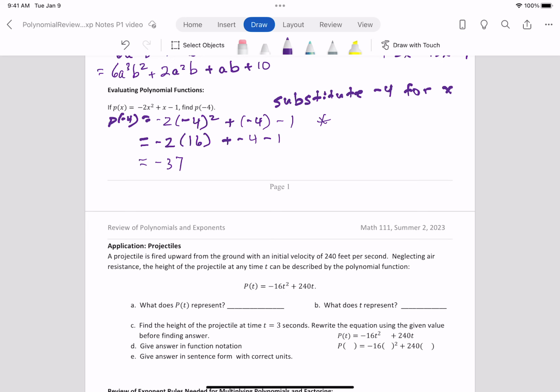So a lot of times we'll be asking you to report this answer in function notation. To do that, what it's asking for is for you to tell me that p evaluated at an x of -4 gave me a -37. So that would be the answer.